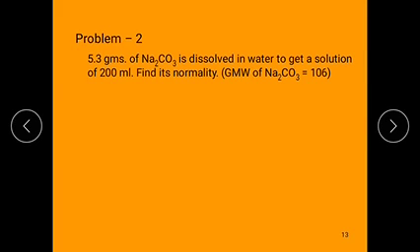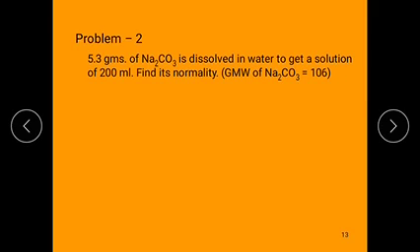Next, let us see the second problem. 5.3 grams of sodium carbonate is dissolved in water to get a solution of 200 ml. Find its normality. Here the given data is the gram molecular weight of Na2CO3, which is 106.